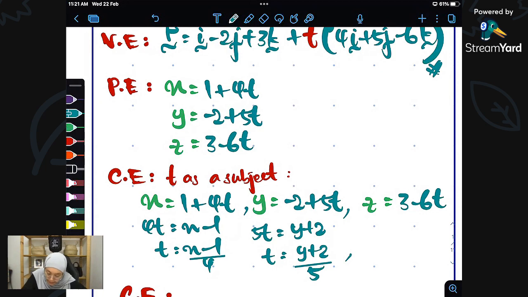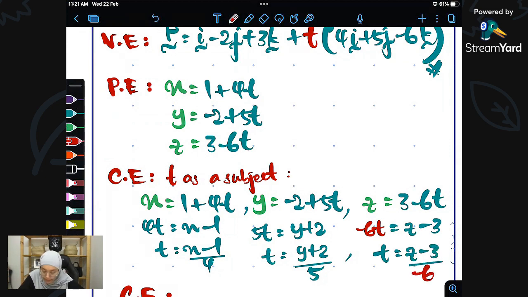Okay, and then here you jadikan negative 6T, yang ni agak special, saya guna warna merah. Saya jadikan negative 6 sebagai subjek, kita akan dapat Z tolak 3, therefore T bersamaan dengan Z tolak 3 bahagi negative 6. So negative 6, I must bring it down there.